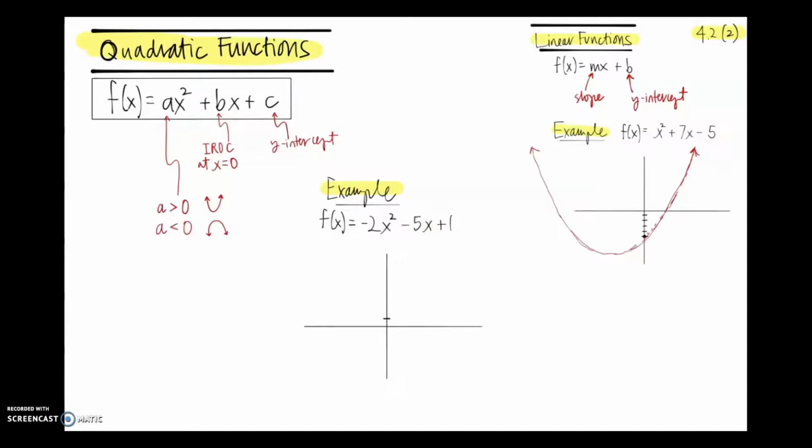We know, first of all, that it hits the y-axis at y = 1. That's the y-intercept. And that's just from this number here. We know that as it hits the y-axis, its instantaneous rate of change is this number here, -5. So as it hits, it has this sort of negative slope, this negative instantaneous rate of change.